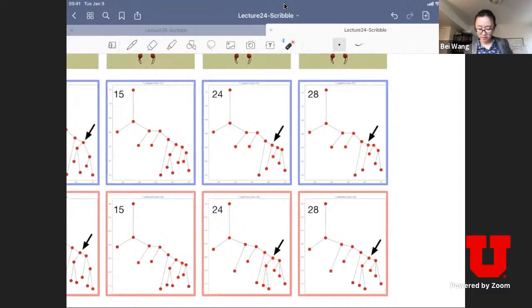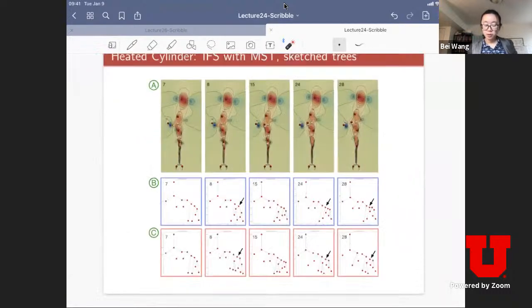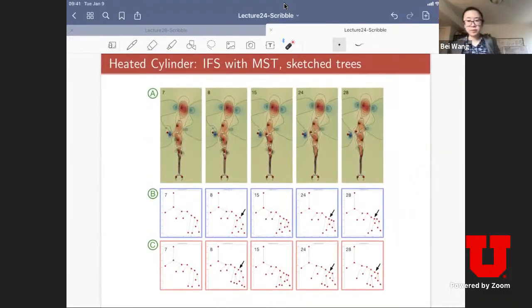Finally, the last one is the same thing. Most of the tree is well sketched, except for this area as well. So what you can see is that using just 3 basis trees, I can sketch my underlying data pretty well. I mean, it's not perfect, right? But it's close enough.